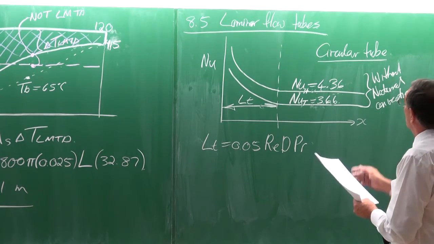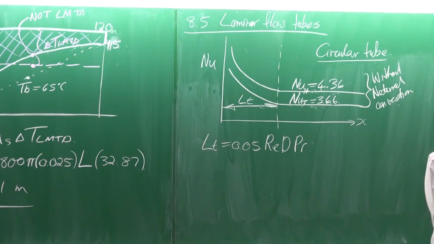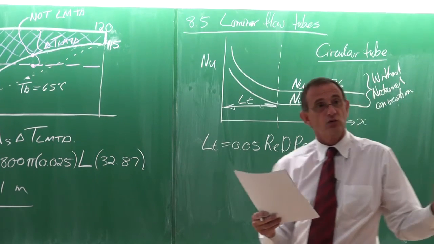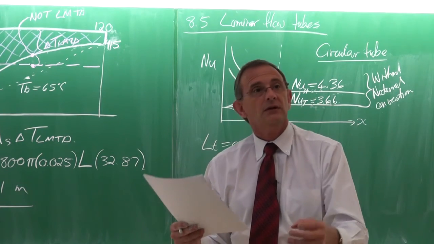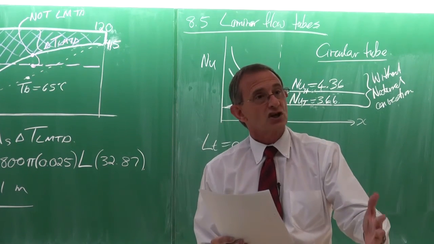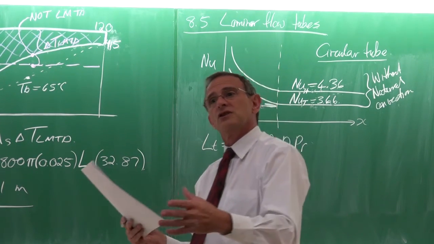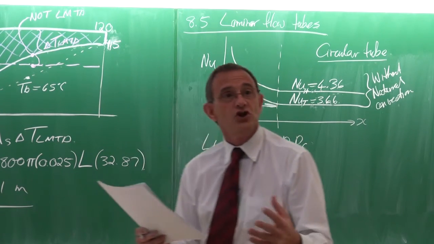Okay. Now, this is for a circular tube, so many of you would like to ask me, well, what if my tube geometry is different than that of a circular tube? Well, there are two approaches that you can use. Firstly, as we've already discussed, you can go and calculate the hydraulic diameter. It's not always exact, but it's close. But there are also equations available for other geometries.